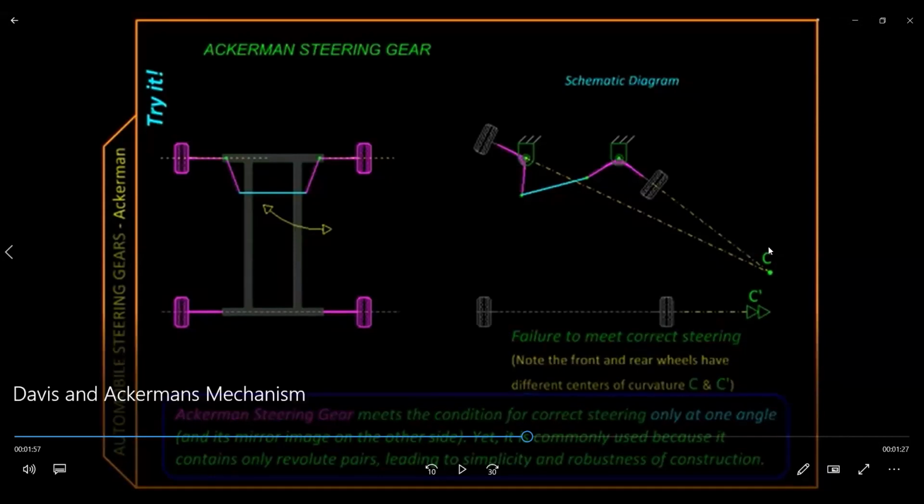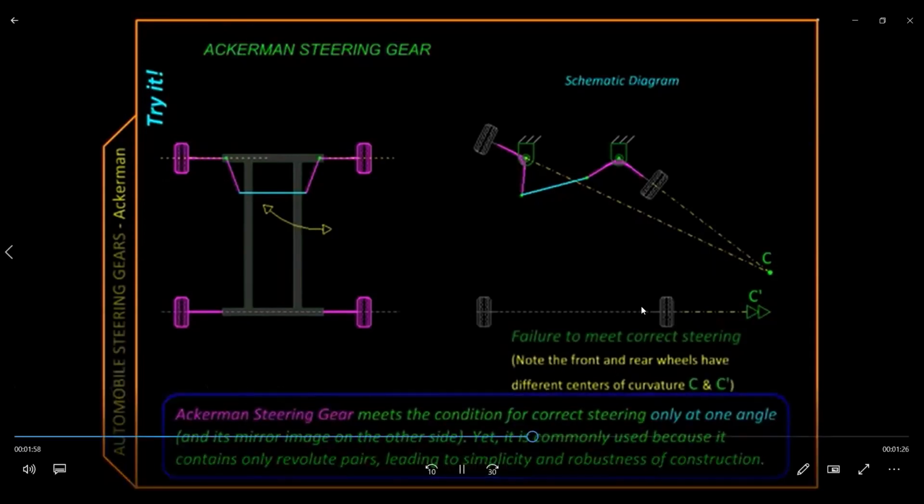So as we were discussing, the Ackerman steering mechanism does not give the condition of correct steering at all positions. There will be only 3 turning angles at which this condition will be satisfied, and at other angles the condition will not be satisfied. Okay, so we will see how that problem is overcome.